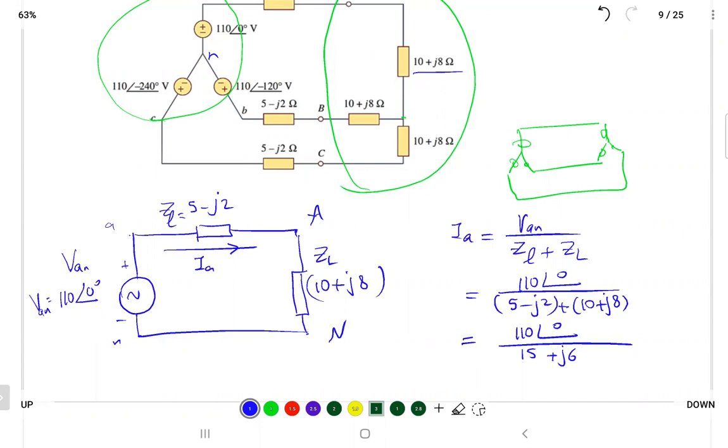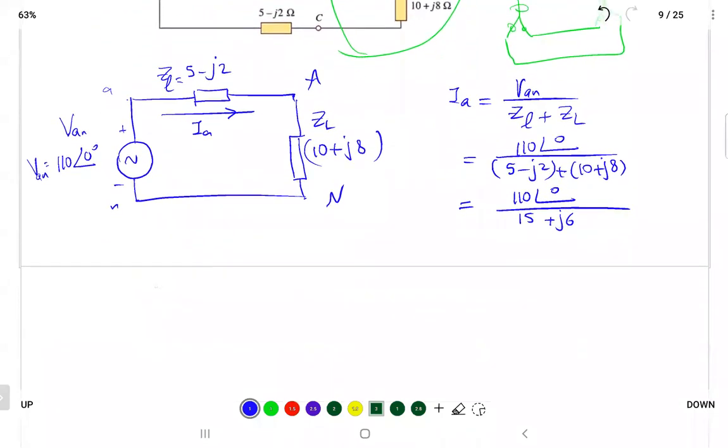You have a calculator you can use, and I did already. And I found that IA is equal to 6.81, and the angle is equal to 21.8 degrees.